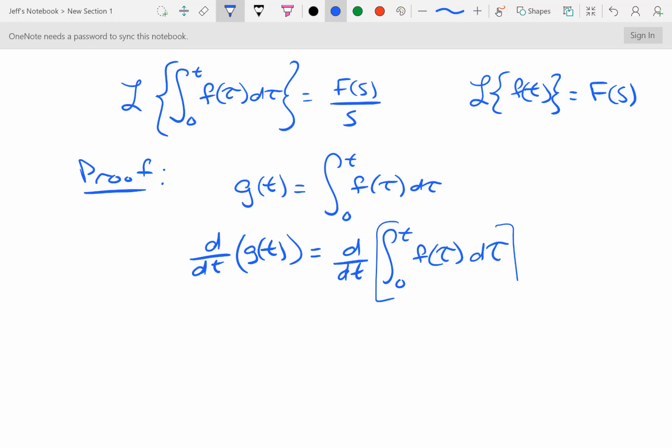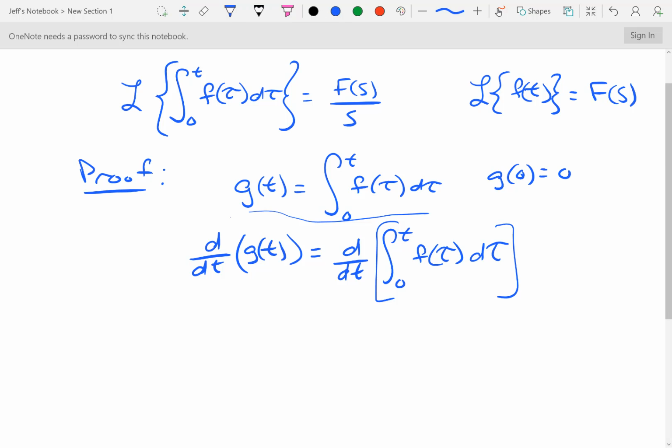Hopefully you recognize here on the right side that I am looking at one of the fundamental theorems of calculus. I'm taking the derivative of a function that is defined in terms of an integral. I also think it's worth pointing out up here that the way that I defined my function g of t, g of 0 would be equal to 0, because then I would be integrating from 0 to 0.